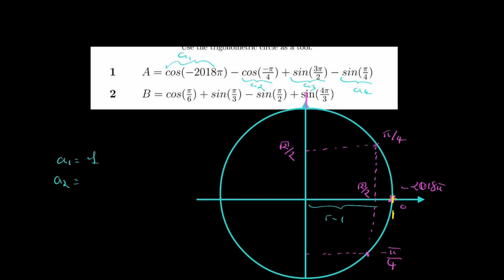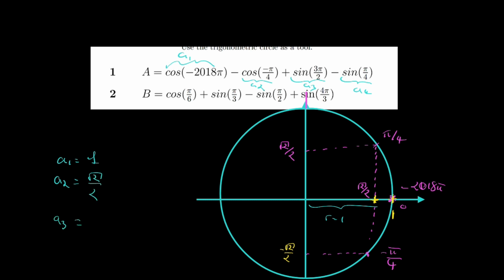We will have the same cosine, because we read the cosine on this axis and the point where we read is the same, but we will have an opposite sine. So the sine will be equal to minus square root of 2 over 2, because we've got the same length here and here, but we are on the negative part of the sine. And here we are looking for the cosine. So the cosine is equal to square root of 2 over 2.